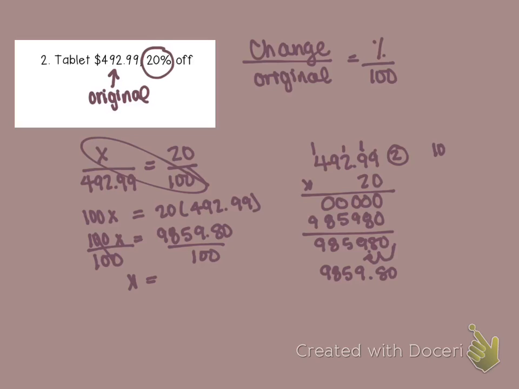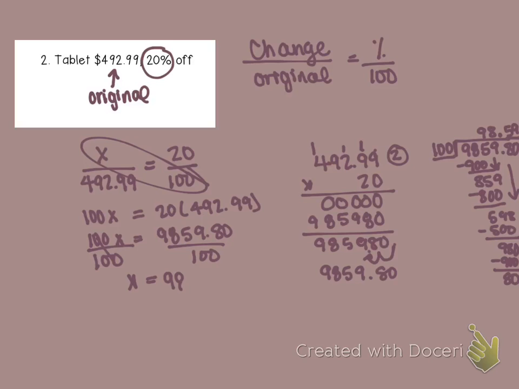So now we have 100 dividing into 9859.8. Okay, so go ahead and divide that and press play when you have finished. Okay, so I got 98.59. And then if we added another 0, which I ran out of room, x is 98.598. Okay, and then it stops. And again, this is talking about money.